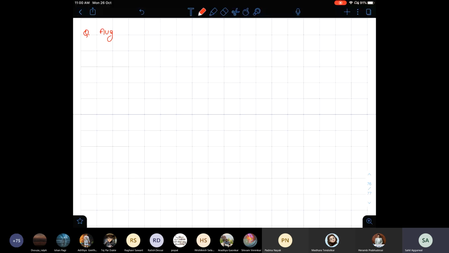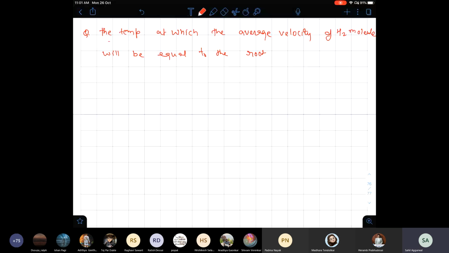Average velocity, the temperature at which the average velocity of hydrogen molecule will be equal to the root mean square velocity at 300 Kelvin.